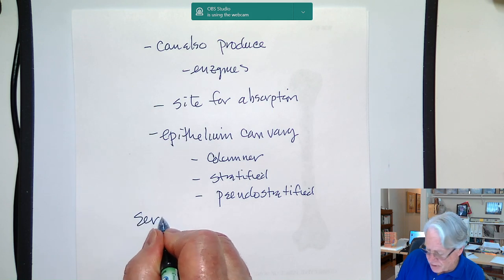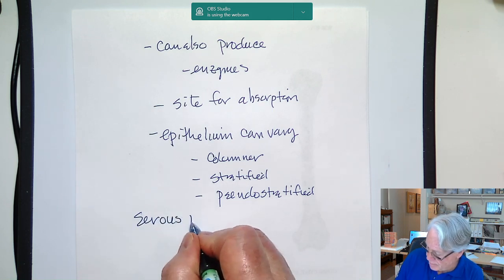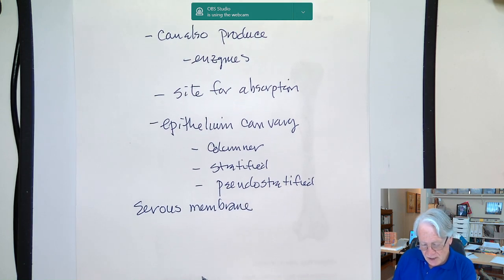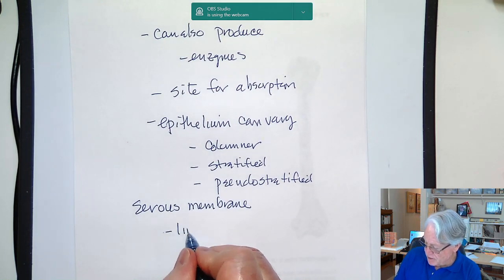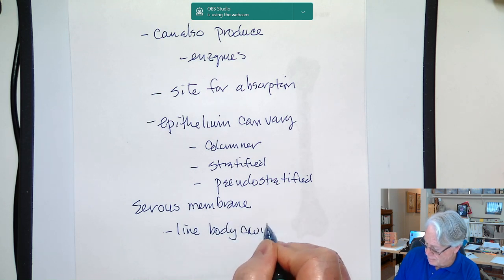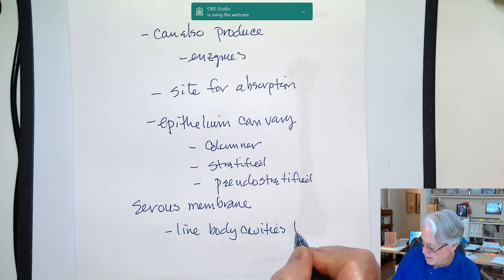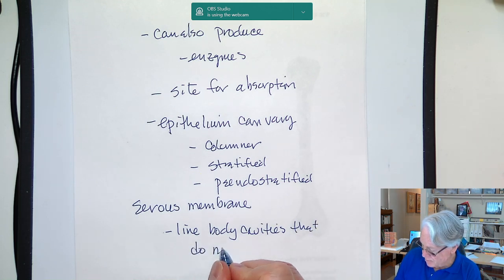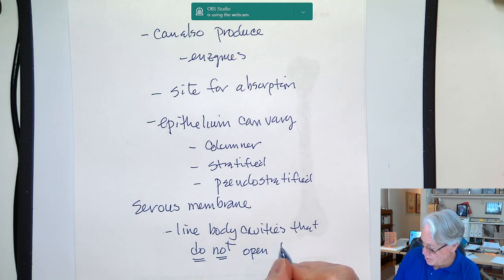The serous membrane is going to line body cavities that do not open to the exterior.